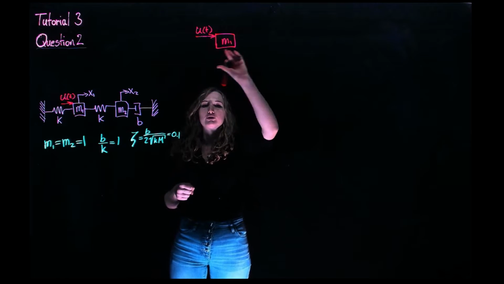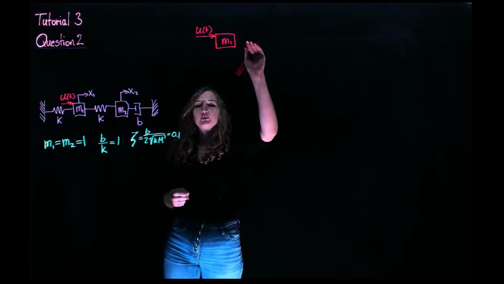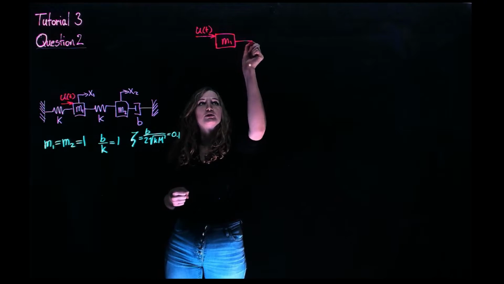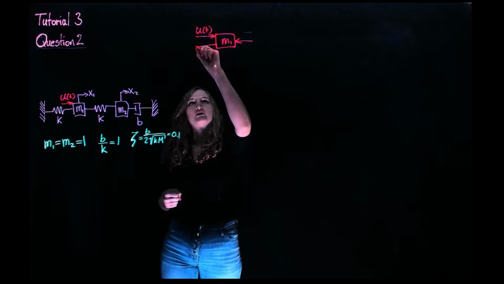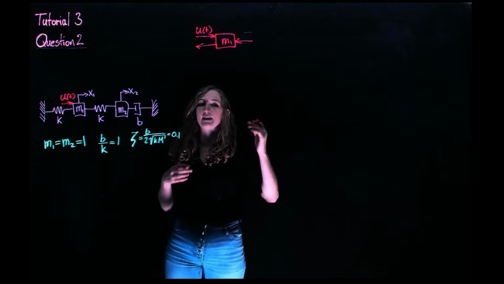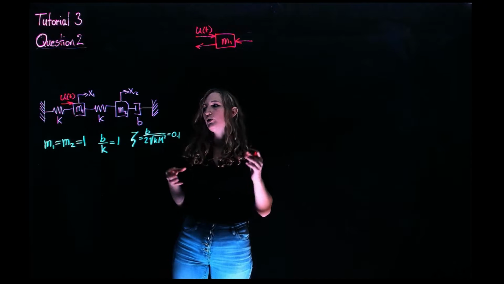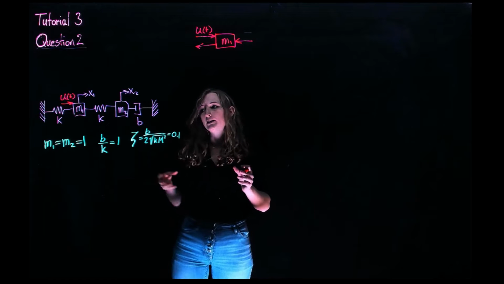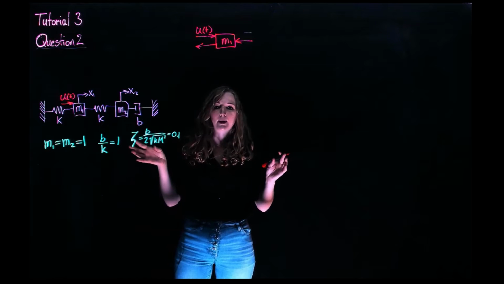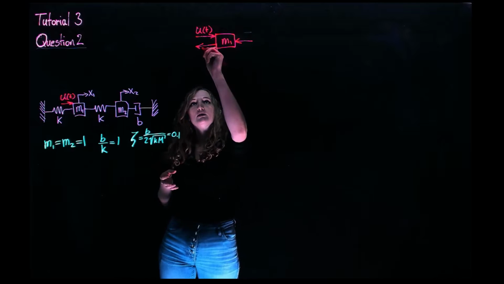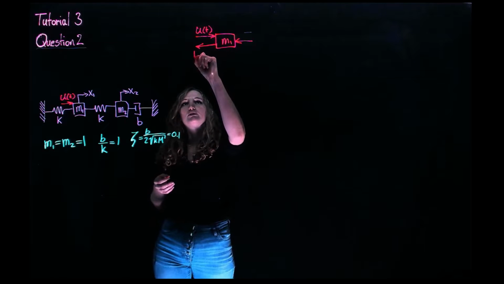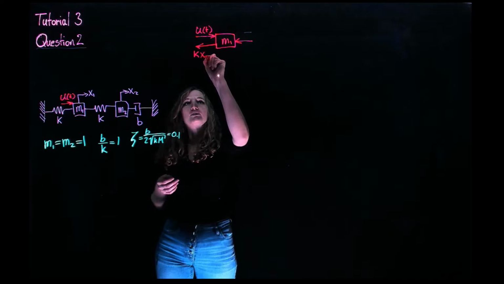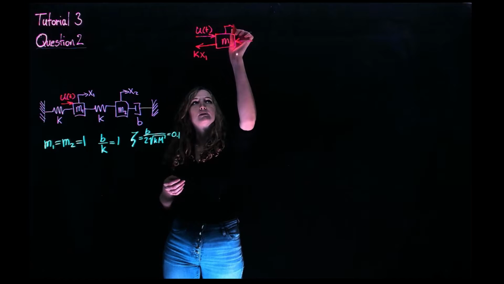When we have a force going that way, our springs will oppose that motion, so they will push in the opposite direction. So those are our two spring forces, and now we just need to know their value. The force from a spring is the spring constant multiplied by the spring's displacement. So here it's very simple, it's just going to be k x1, because our displacement is x1.